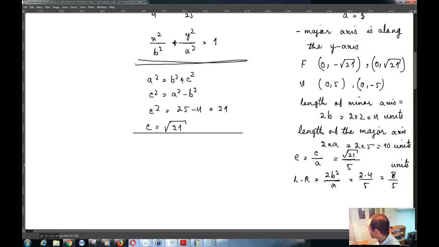So that is question number 2. The foci are at these 2 points. These are your vertices, 10 units and 4 units, square root of 21 over 5 and 8 fifths.